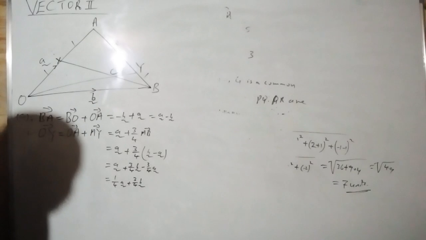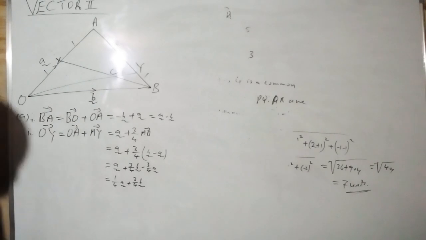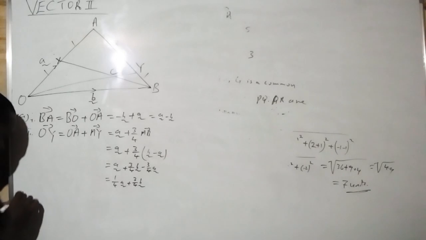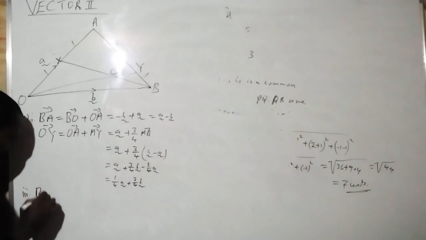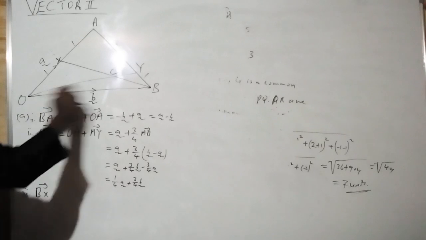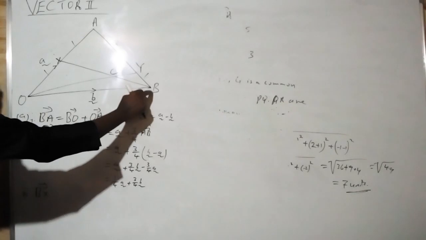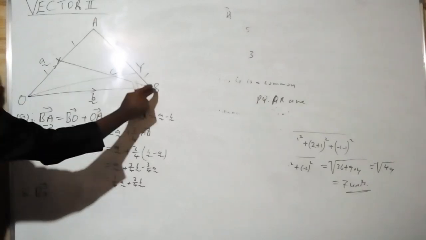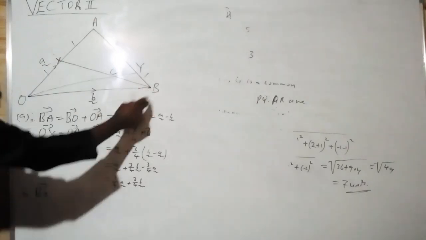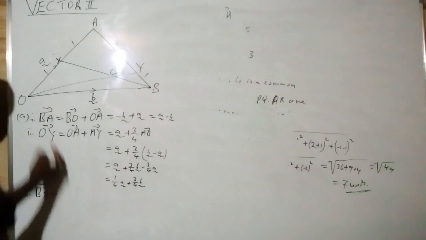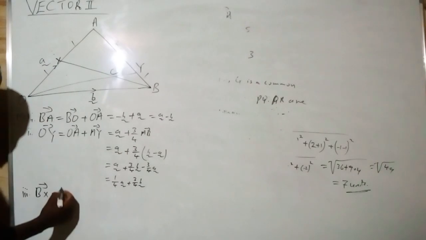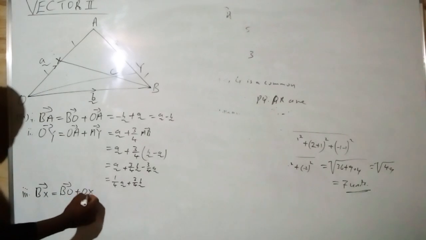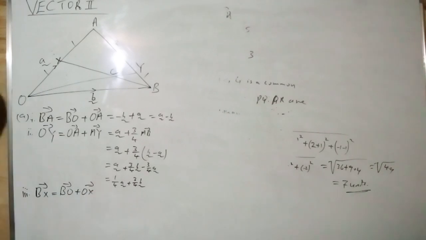Next, you've been told BX, Roman 3. BX is here. You can use the route BA, AX, or BO, OX. Use BO, OX. BX is equal to BO plus OX, like that. But BO is what?